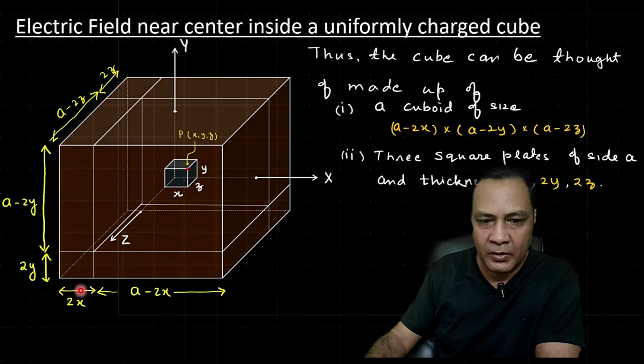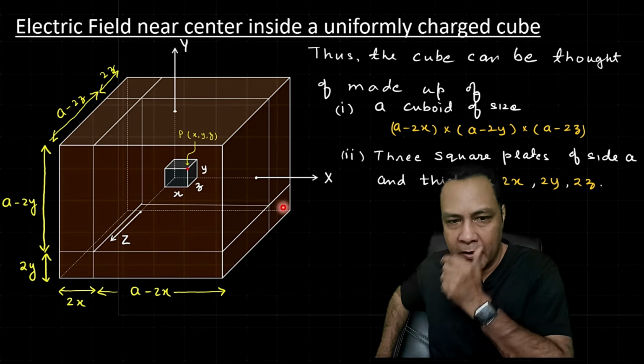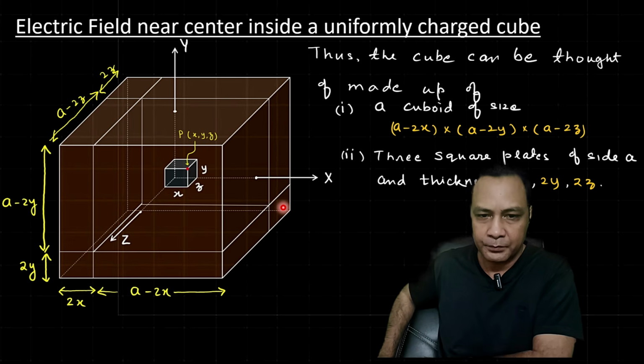There are 3 square plates. This is 1 square plate of side A and thickness 2x. This is another square plate of side A and thickness 2y, and this is another square plate of side A and thickness 2z.